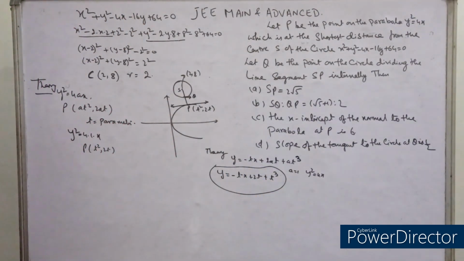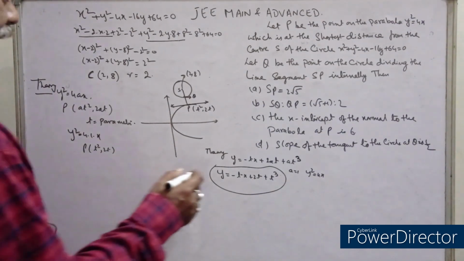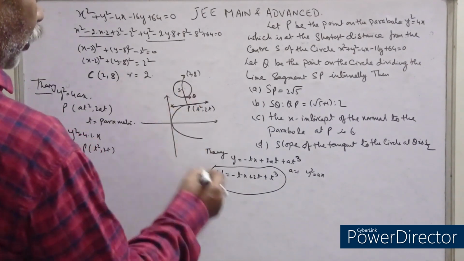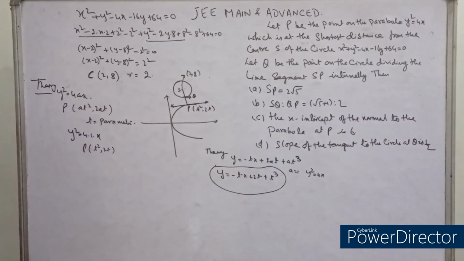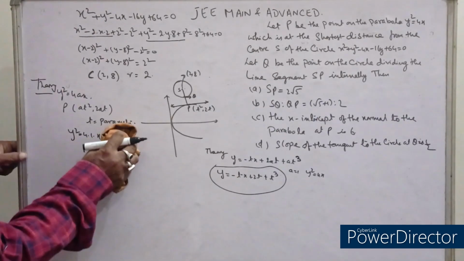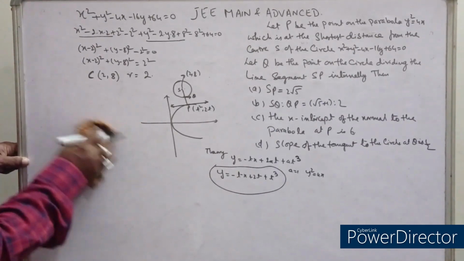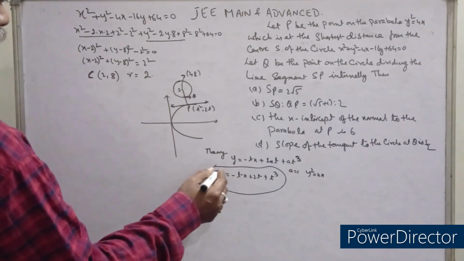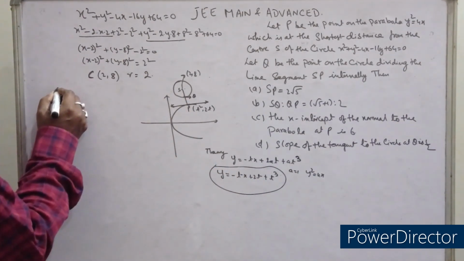So now, since this normal passes through this point, the center, we know that the normal passes through this point. So y is equal to 8.